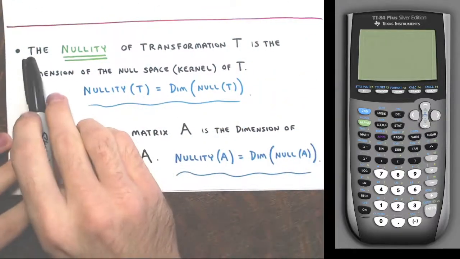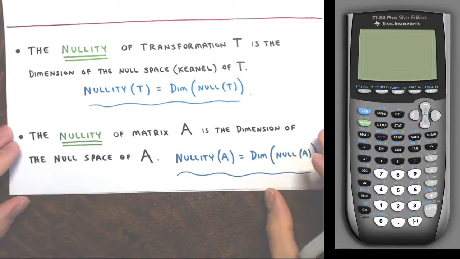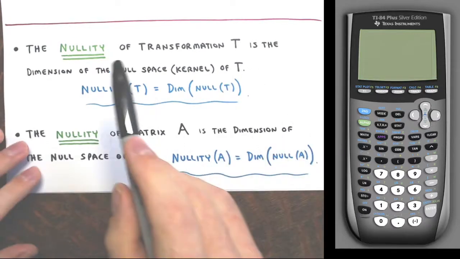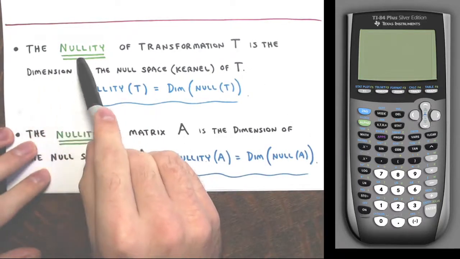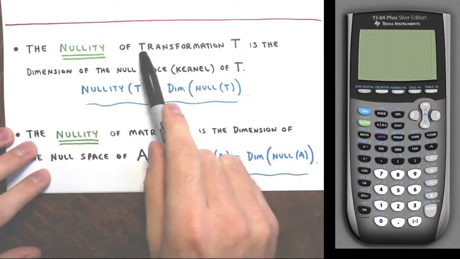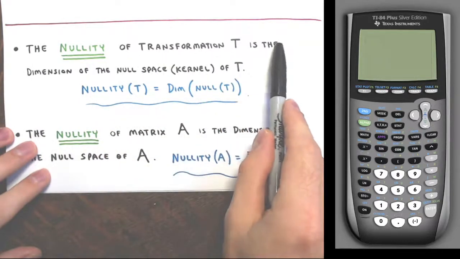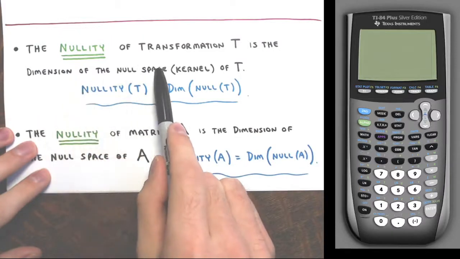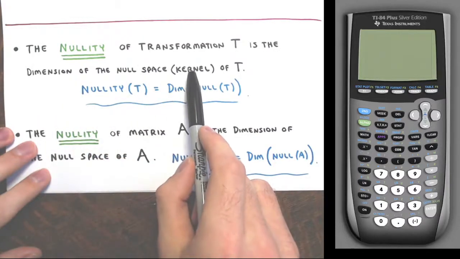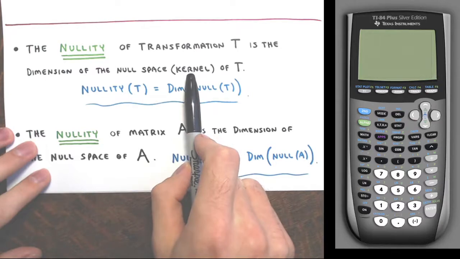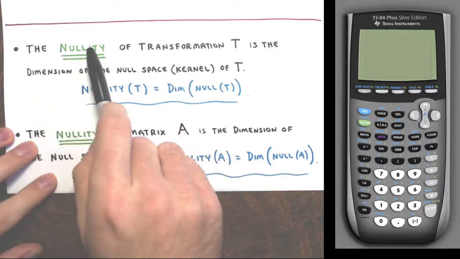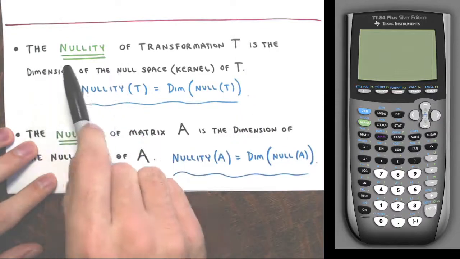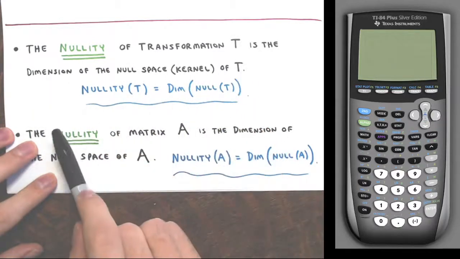So remember that this is, again, hopefully all refreshers from previous videos if you've been watching. The nullity of a linear transformation T is the dimension of the null space, or the dimension of the kernel. I mentioned before in other videos that the null space of a transformation is sometimes referred to as the kernel of that transformation. So the nullity of a transformation is the dimension of the null space of that transformation.